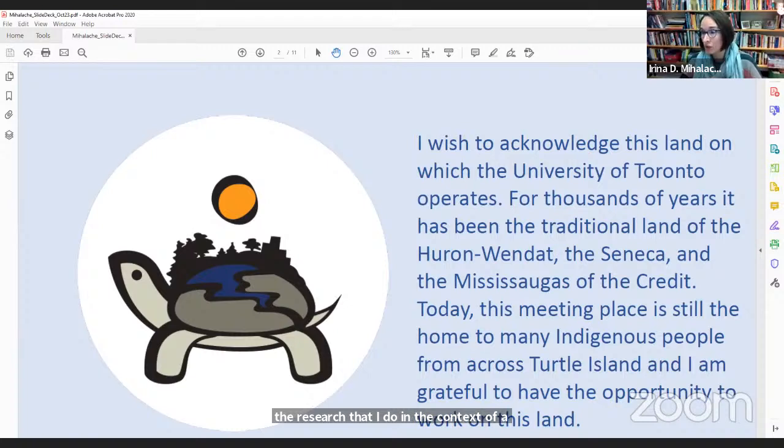The lands on which I'm currently located continue to be cared for, stewarded, and lived on by many nations, including the Huron-Wendat, the Seneca, the Anishinaabe, the Haudenosaunee, and the Mississaugas of the Credit River.